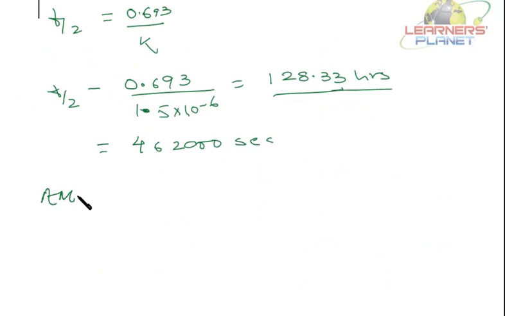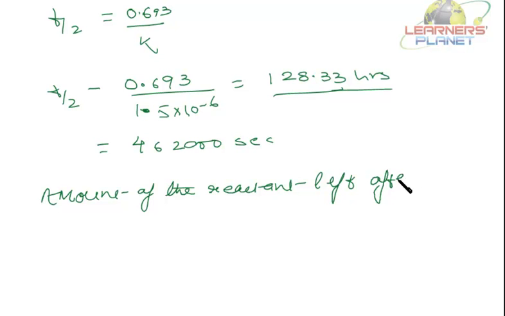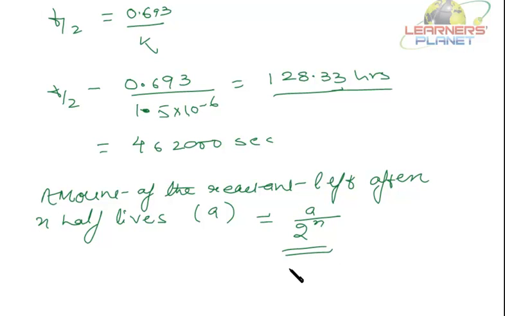Let the initial concentration of the reactant be A. So the amount of reactant left after n half-lives is equal to A by 2 to the power n. You can use this formula also to solve the questions.